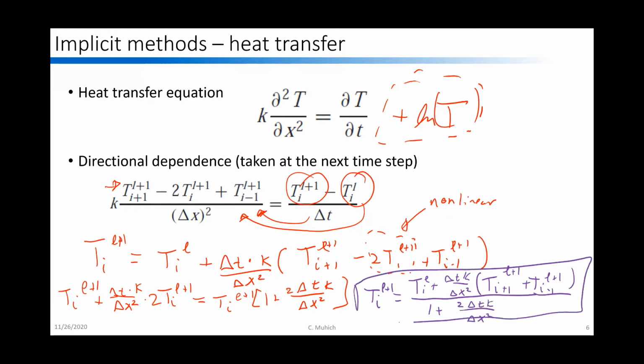So this now gives us an equation that we can work with. Okay, so this is that solution for each of those points.